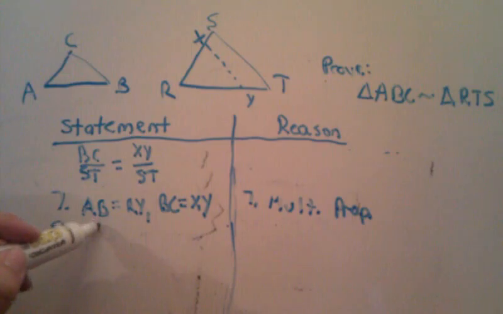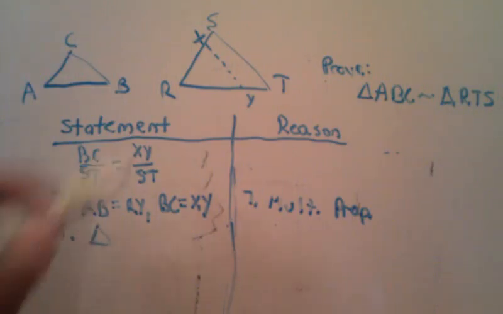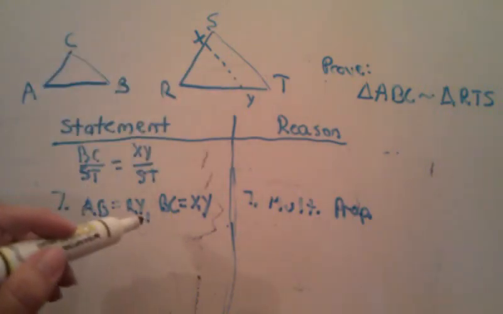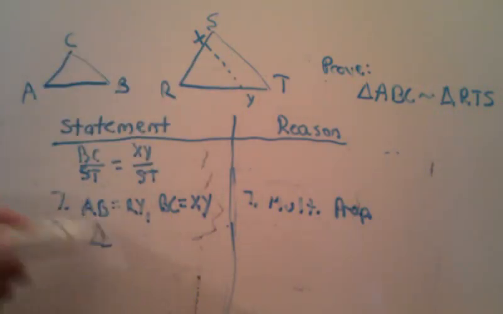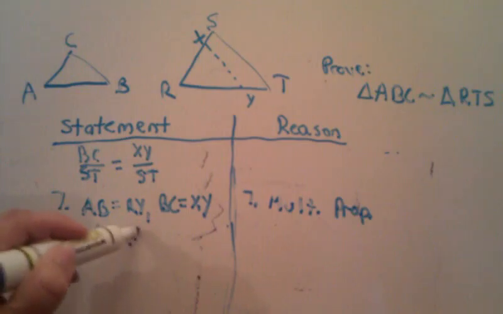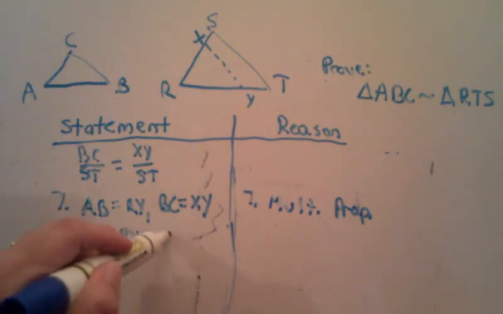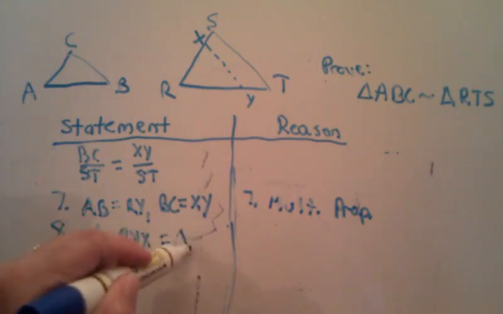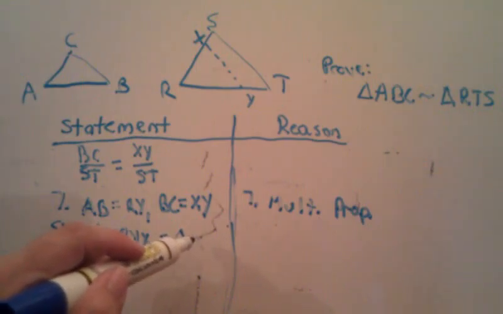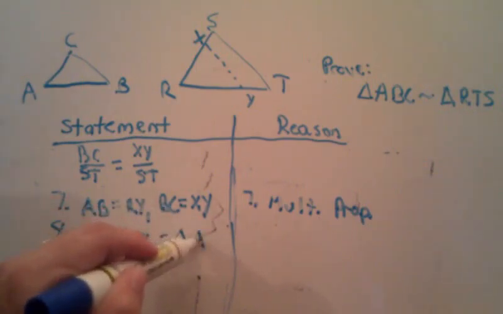So we know that triangle RXY, or RYX, equals triangle ABC.